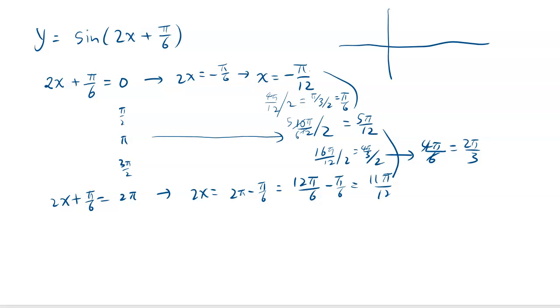Pi is 3, so 3 over 12 is like 1/4. So if this is -1, it's like 1/4 of it. So right here, that's where the 0 begins. And then here, this is 3 times 11 over 12. Just estimate pi as 3. Let's see what happens.